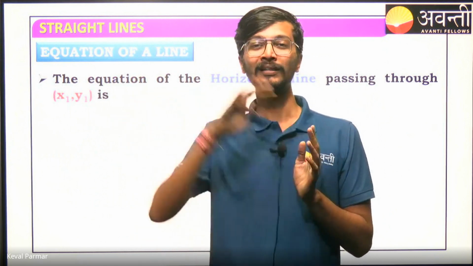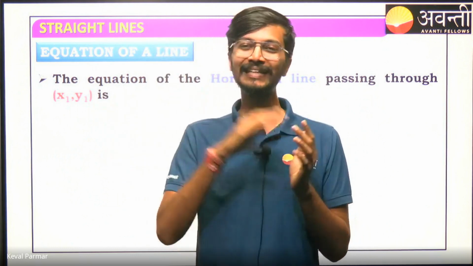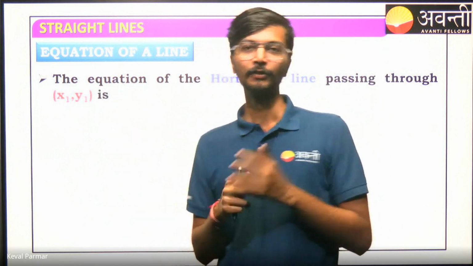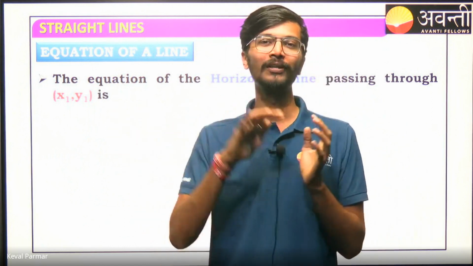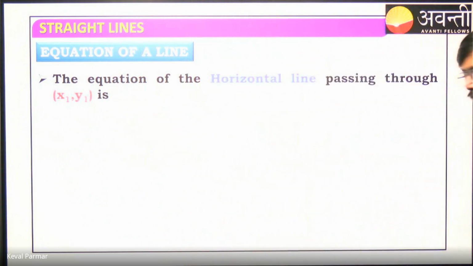Got it? All the other forms are derived from slope point form. So if we know slope point form, then we can get any equation of a line. So that's why I personally prefer to solve the equation of a line only by using slope point. So let's see what is slope point form.